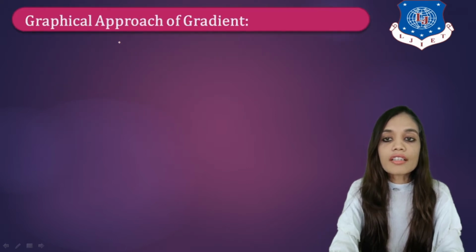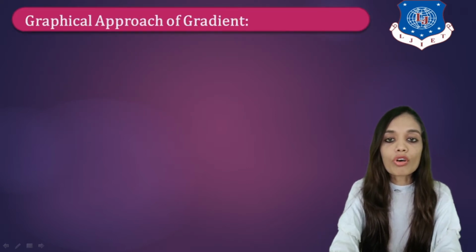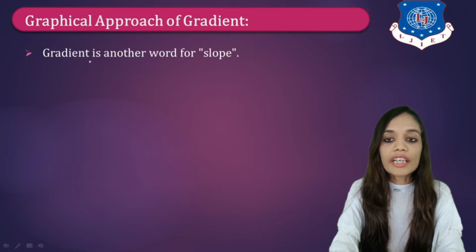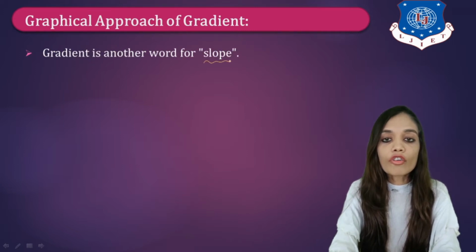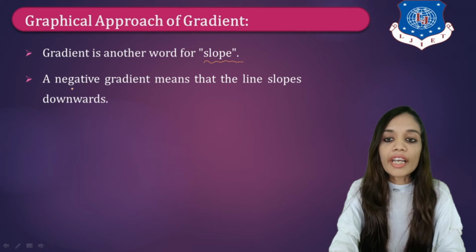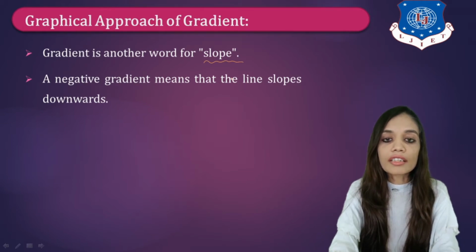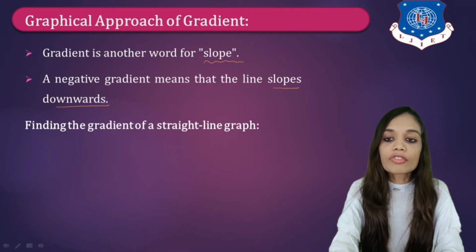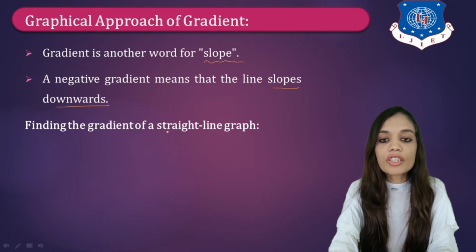Now let us see the graphical approach of gradient. The gradient is another word for slope. So a negative gradient means that the line slopes downwards. Next, we will learn to find the gradient of a straight line graph using the graphical approach.